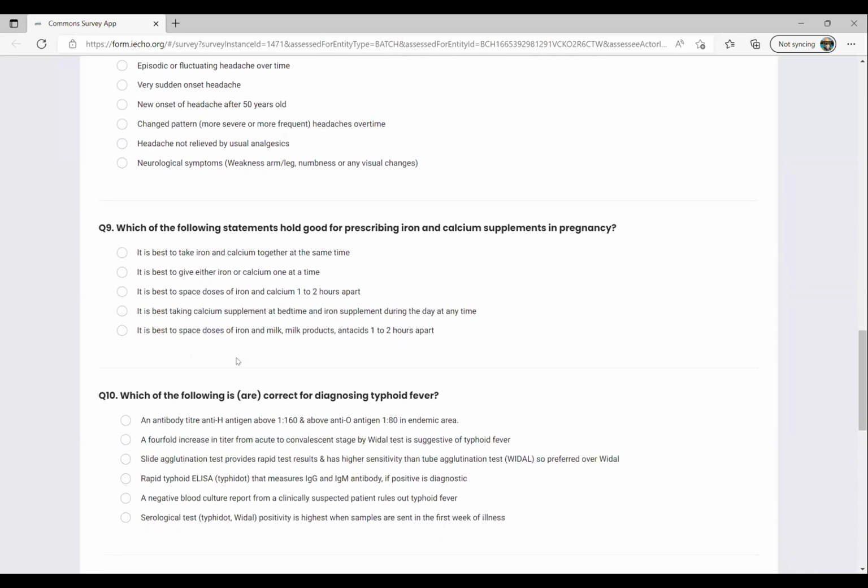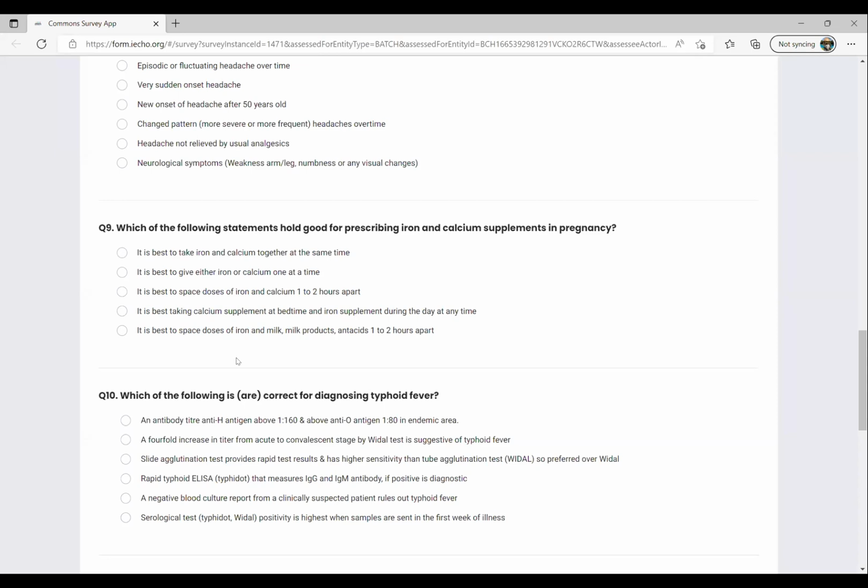Then there is a very important question, I think, which all of us see in our practice. Which of the following statements hold good for prescribing iron and calcium supplements in pregnancy? Both iron and calcium are required to be given during antenatal checkup. But in my experience, I've seen many different people following different ways of giving this.